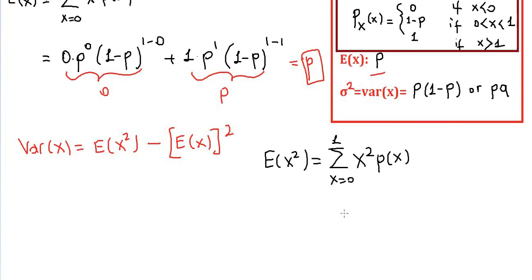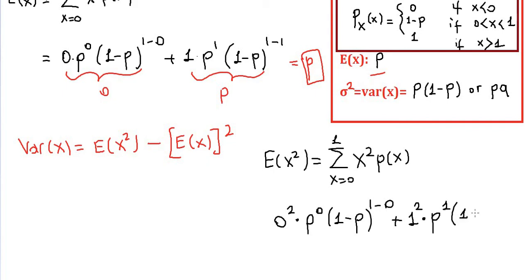Again, we have two possible outcomes. This time we use 0 squared times p to the 0 times 1 minus p to the 1 minus 0. If the outcome is 1, then it's 1 squared times p to the 1 times 1 minus p to the 1 minus 1. Here we obtain again 0, and here this is going to be 1, and this is going to be p.